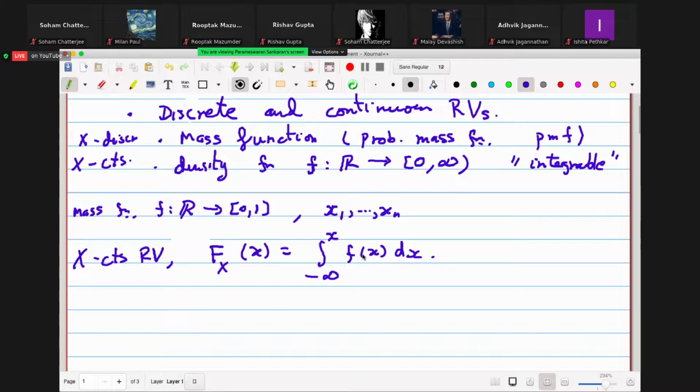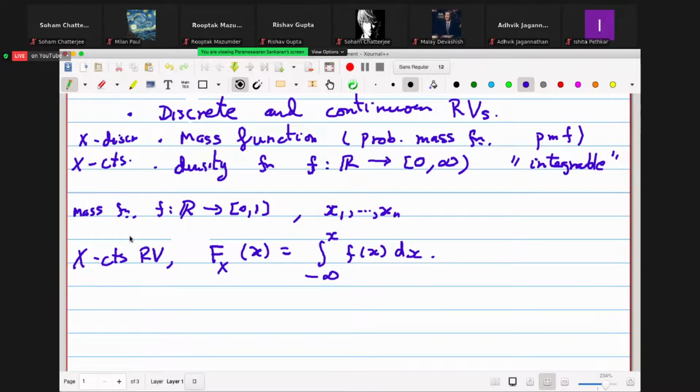You will see plenty of examples later in the course. At the moment, just something for which you can make sense of this integral, and it turns out to be a finite number between 0 and 1. And of course, f of x must be greater than or equal to 0, as always.